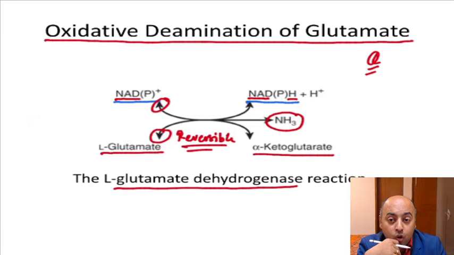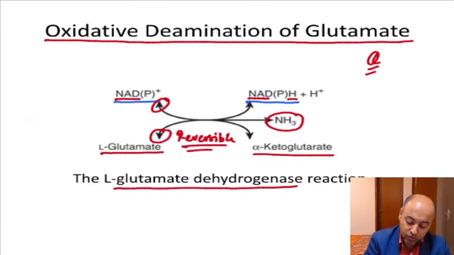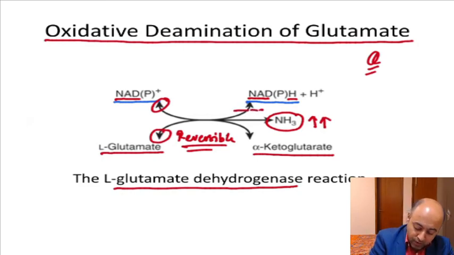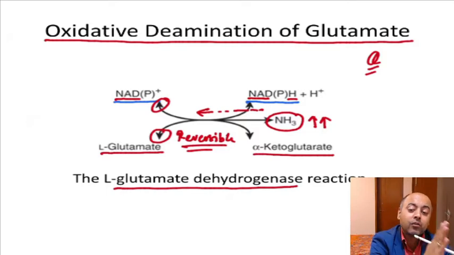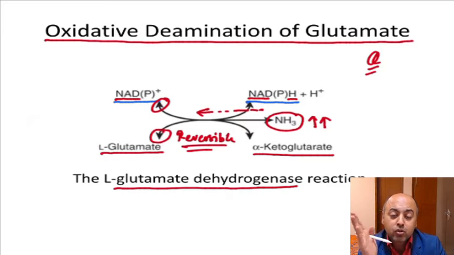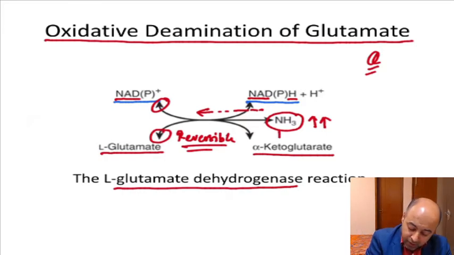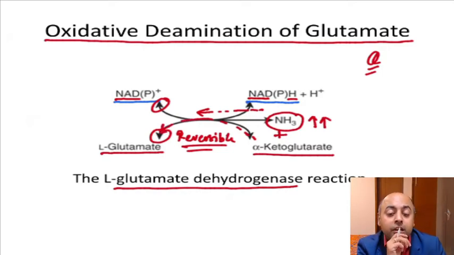What is the cause or what is the effect? So you have to remember here, when the ammonia levels rise, obviously the backward reaction will become more favorable. When the ammonia level is high, or at one end the product is high, then the backward reaction will become more favorable. So this ammonia will start combining with the alpha ketoglutarate to regenerate the glutamate.